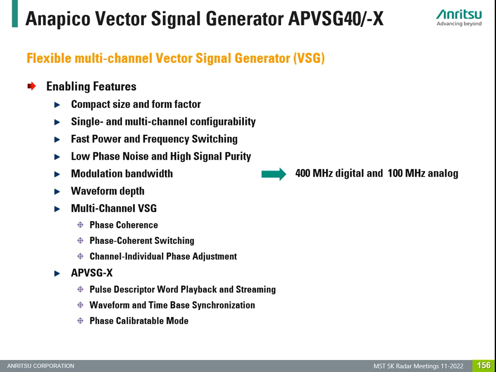For example, in the automotive radar world, the chirps are going up to 4 gigahertz in contrast. In other words, a 400 megahertz IQ bandwidth of a VSG will cover very well nearly any radar application in the market.